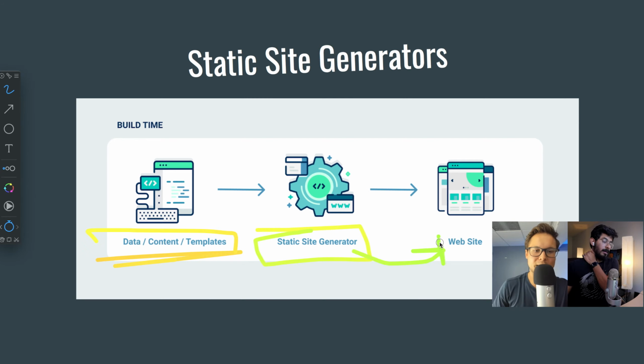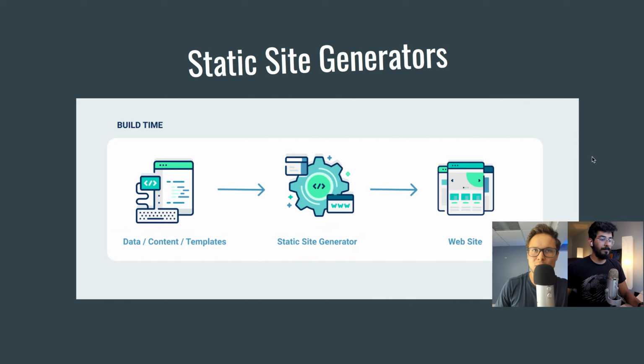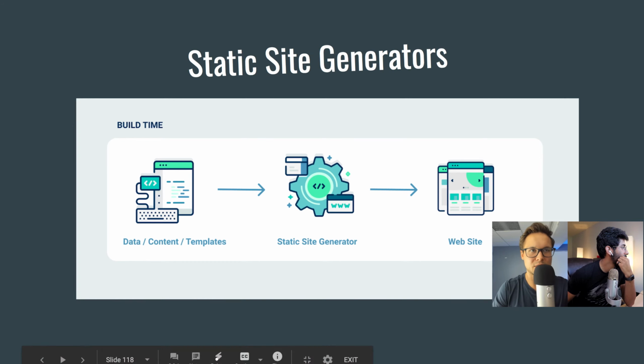And again, the reason we do this is speed. Instead of going to the database every time a user requests a site, grabbing data, and then showing the HTML, the HTML is right there, displayed for them. And that, my friends, is why you use static site generators.